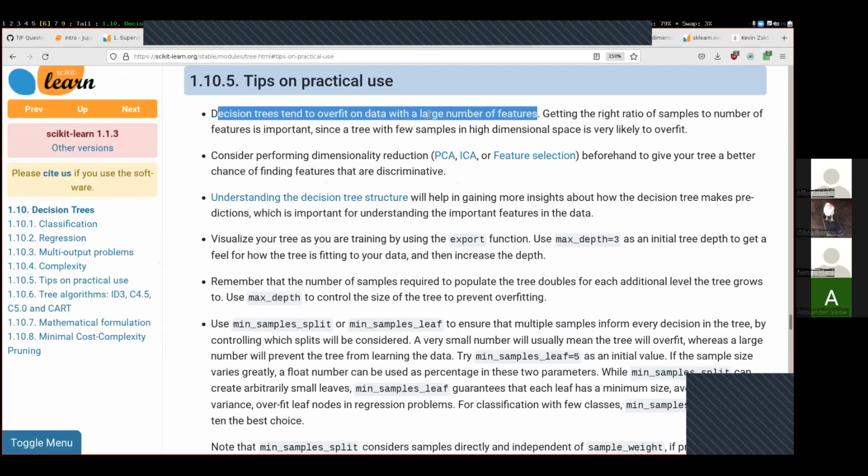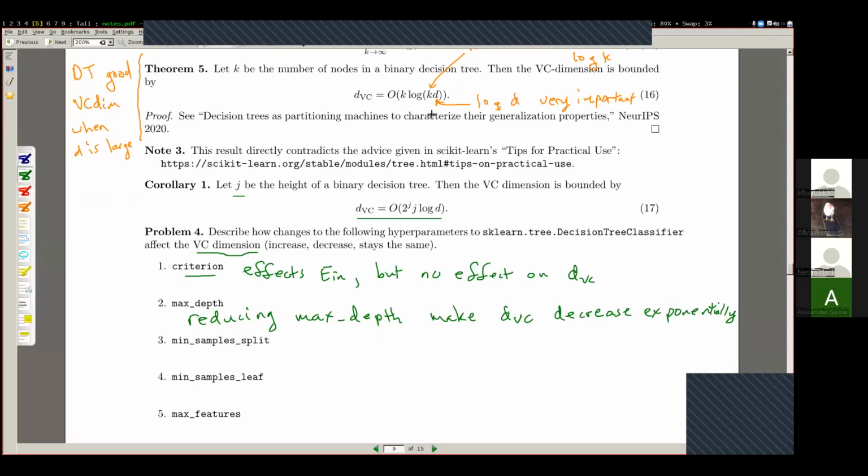What they're trying to say is that for more complicated problems, you need a larger depth decision tree. You need more internal nodes, and that results in more overfitting. But the actual number of data points has a very, very negligible effect. And decision trees are actually very good on problems with a large number of data points.